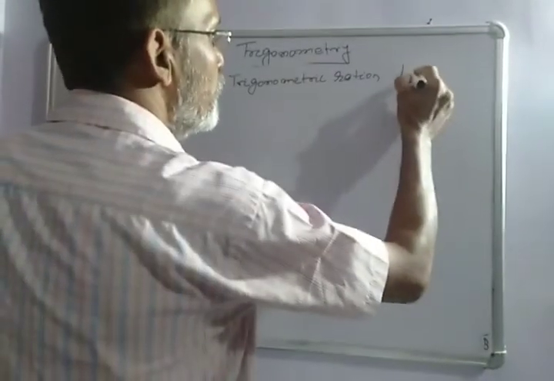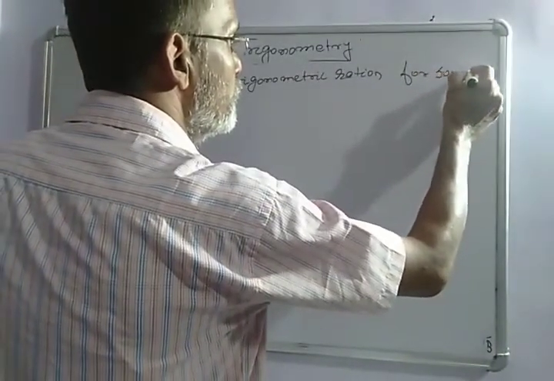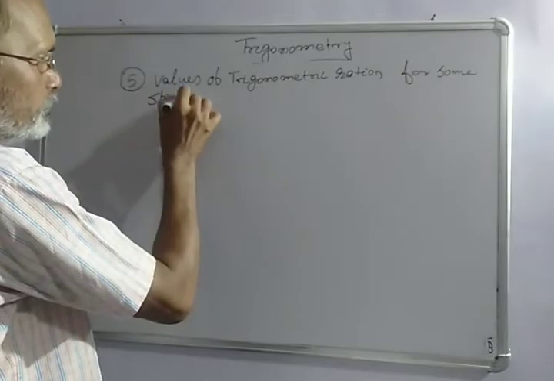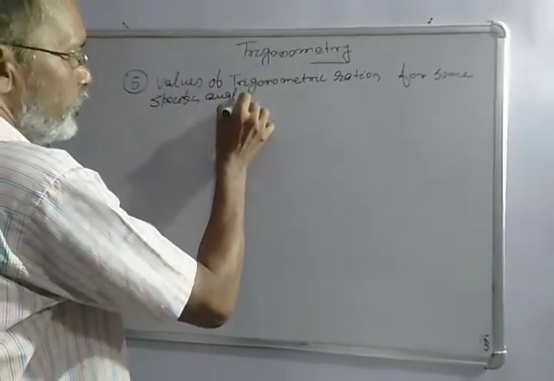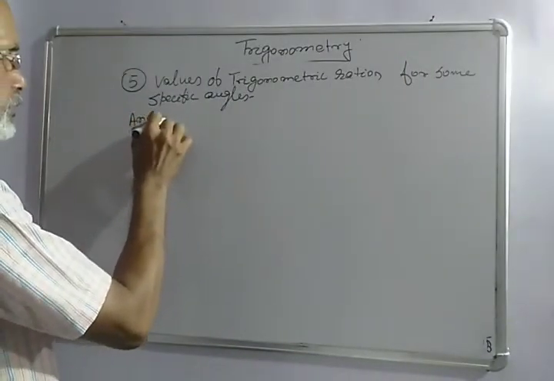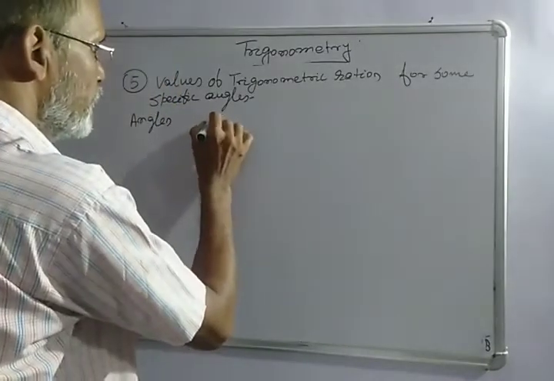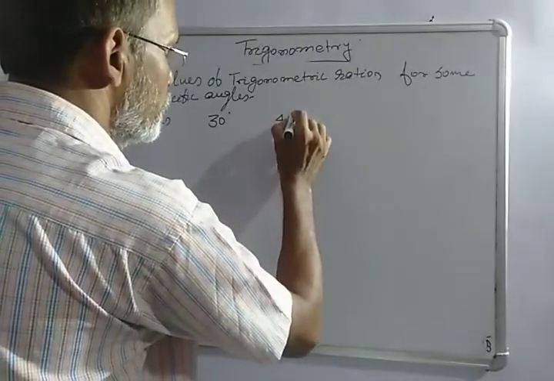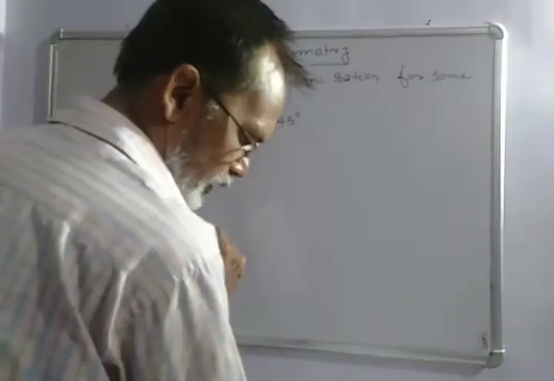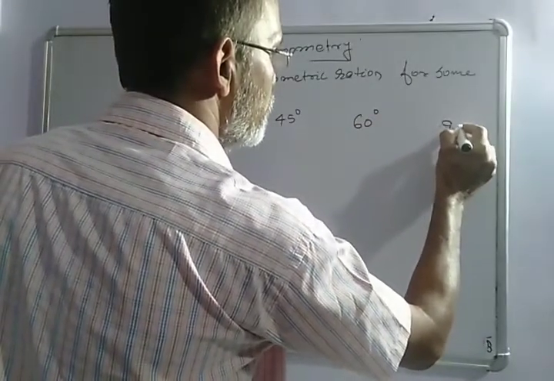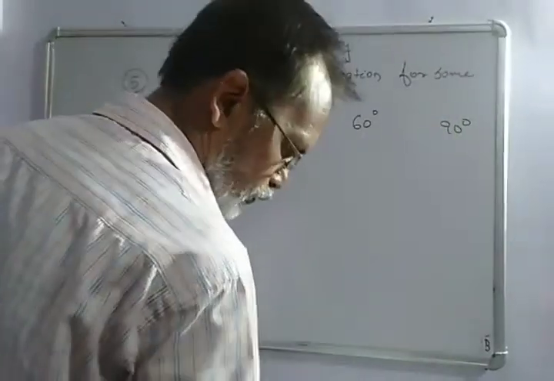Here I am writing the angles: 30 degree, 45 degree, 60 degree, 90 degree.